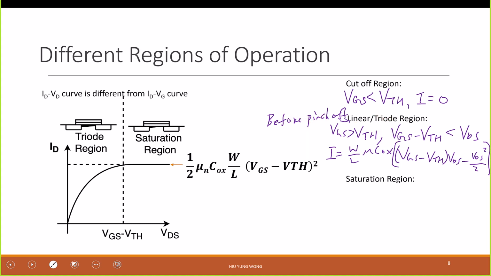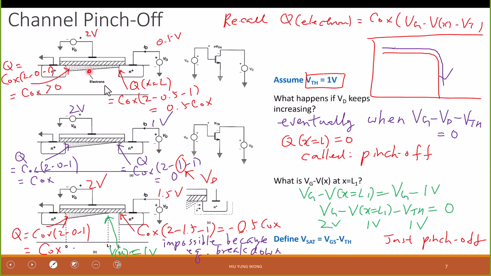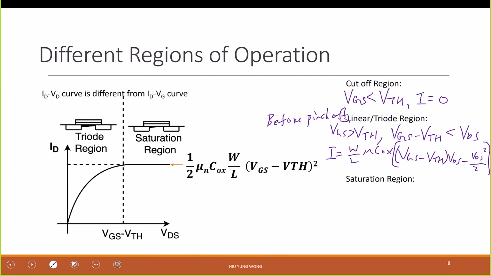That's what I mean. You start with this, right? No pinch off, right? So this is the triode region. When I keep increasing VDS, eventually you pinch off. And that's the opposite of saturation. Yes, yeah. I mean, linear and triode is the opposite of saturation. Is that what you're asking? Yeah.